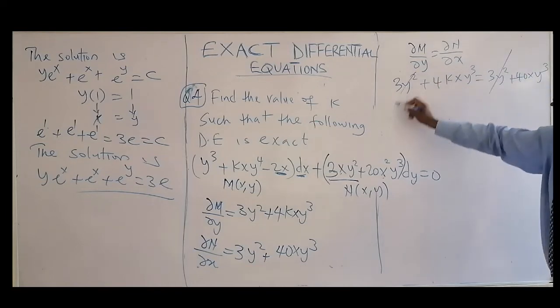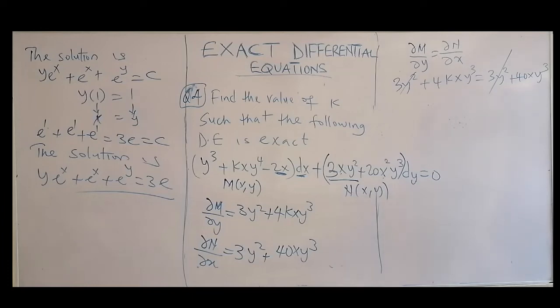This one and this one will cancel out. Then I can take k out here. k will be equal to 40x y cubed over 4x y cubed. So 4x y cubed cancels out. So the answer is k is 10 for this question.